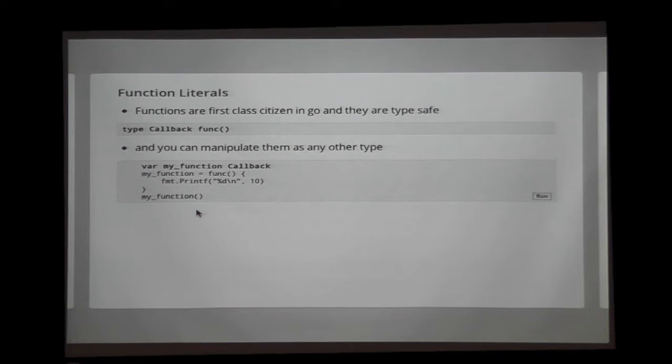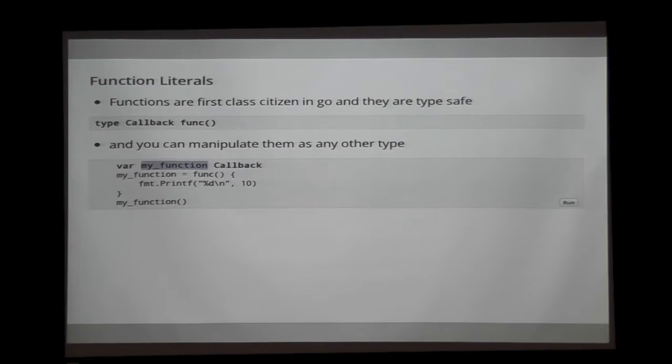So, function literals. Functions are first-class citizens in Go, so you can manipulate them as a type. You can create a new type called callback, whose type is a function that doesn't take any arguments and doesn't return any value. So you can create a variable, my function, and simply assign it.